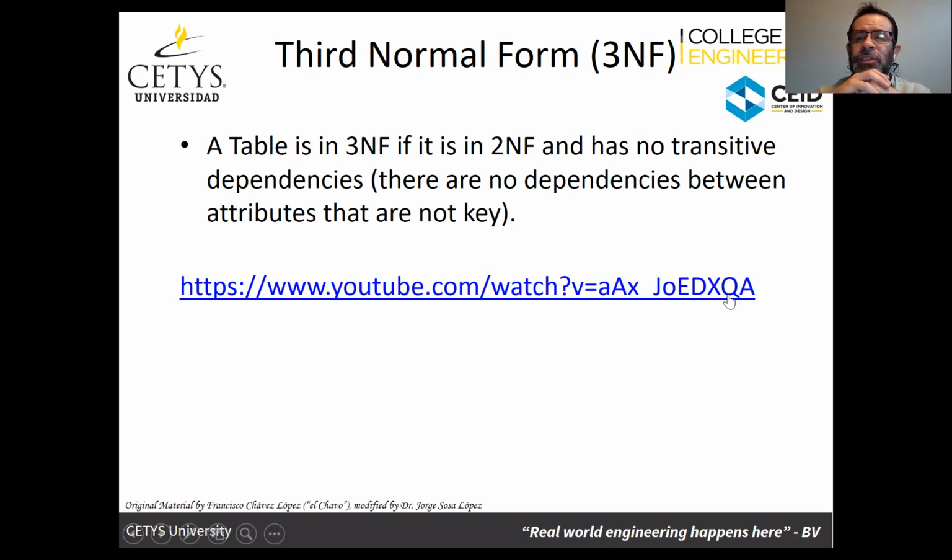We want to eliminate those. These are called transitive dependencies, or dependencies that only occur for a certain specific situation. Obviously, to go to the third normalization, we have to have passed the previous ones. We have to be in second normal form to go to the third one. So let's watch a video about that.